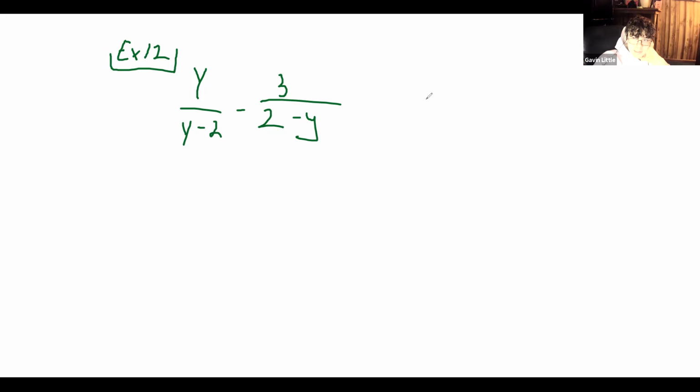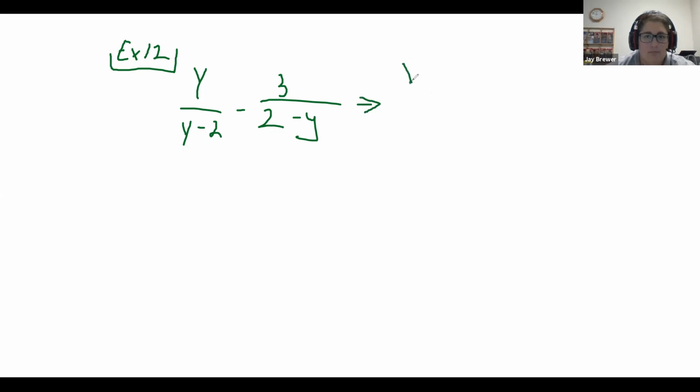You can cancel out the bottom. Kind of. So the bottoms look very similar, right? And there's a reason for that. That's why they made it this problem.